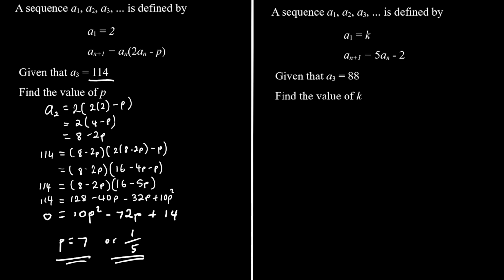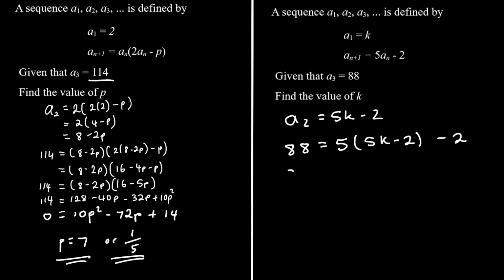So a1 is k. The second term is 5 times k, take away 2. And the third term, which is 88, is 5 times 5k minus 2, take away 2. So 88 is 25k minus 10 minus 2. 88 is 25k minus 12, plus 12 to both sides.